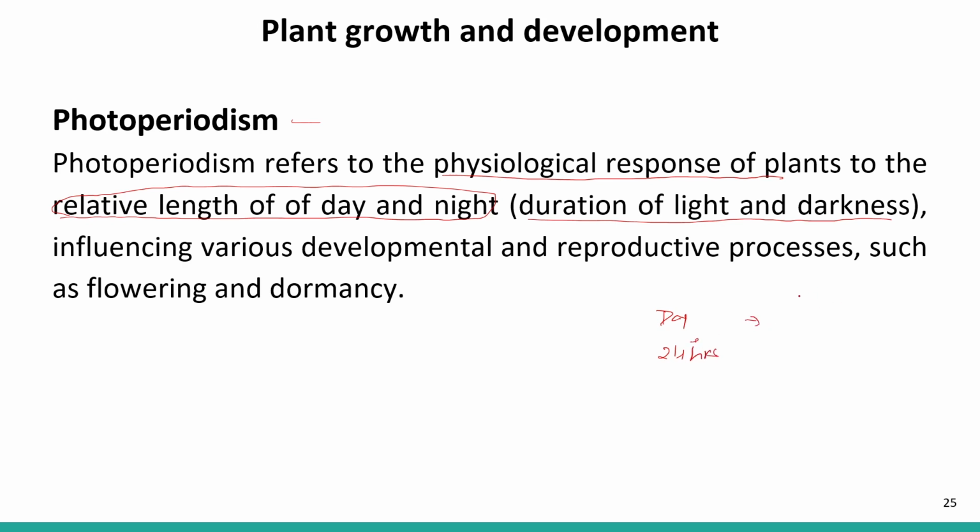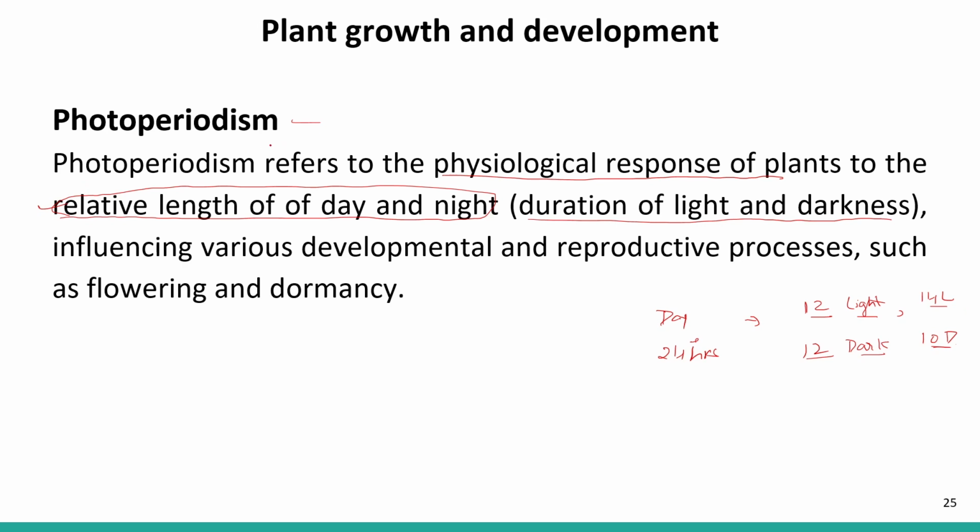Now we can divide it into 12 and 12: 12 hours light and 12 hours dark. Or we can also divide it like this: 14 hours light and 10 hours dark. So these are the durations of light and darkness, or we can also say relative length of day and night.